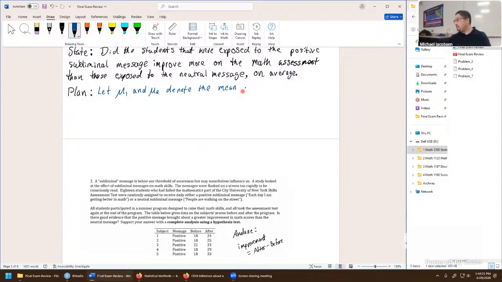This was the mean improvement in the math assessment. So it's a score, it's how much they improved on average. So don't forget that part. If you say mean, you have to say mean of what? Maybe it's the mean height or the mean amount of time. Here it's the mean improvement in the math assessment. And let's just say here to be specific, score. So we're talking about point values on an exam.